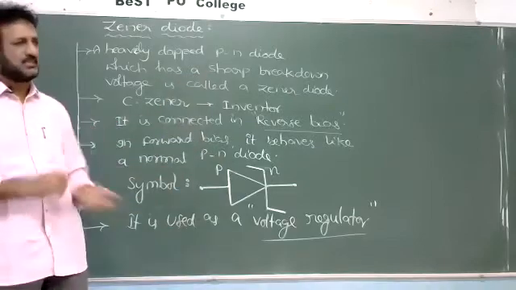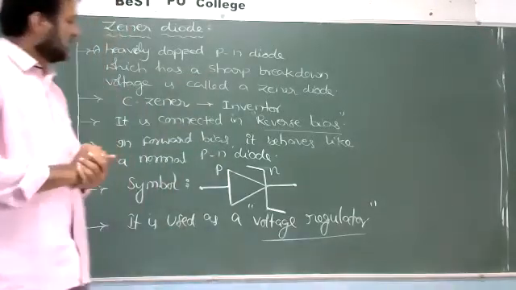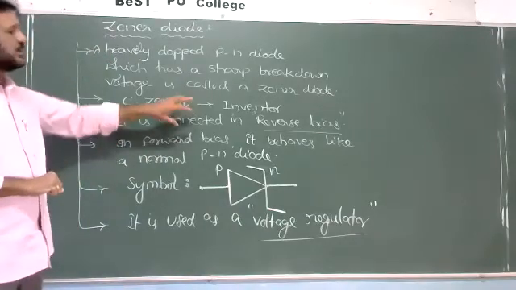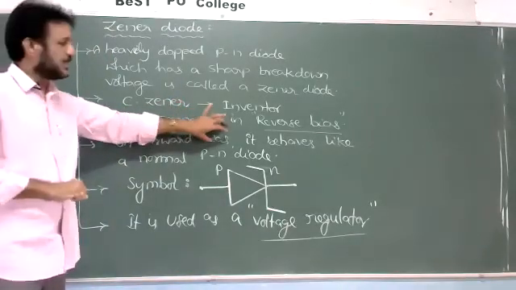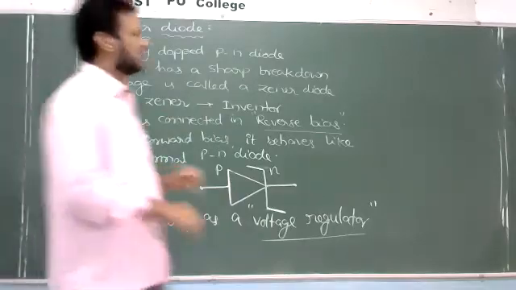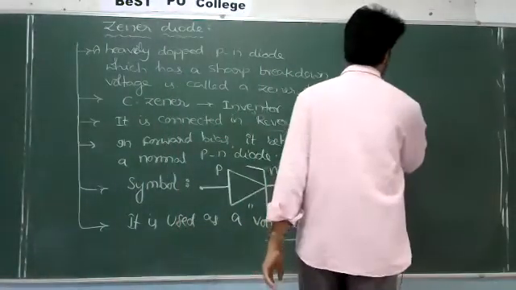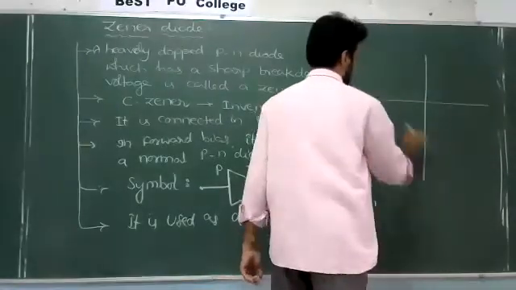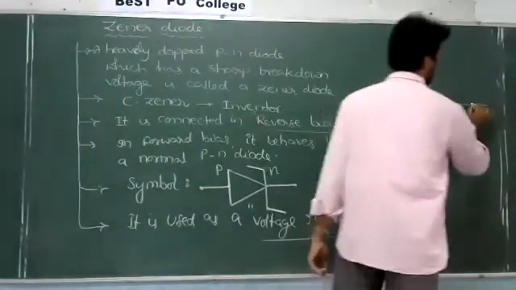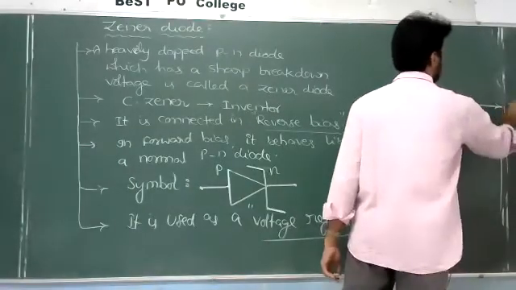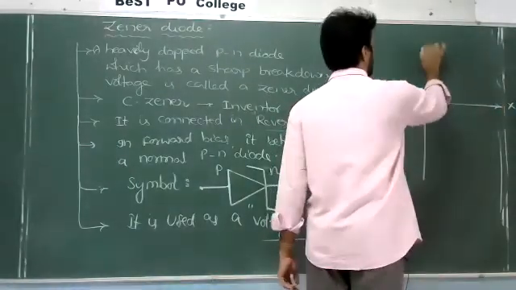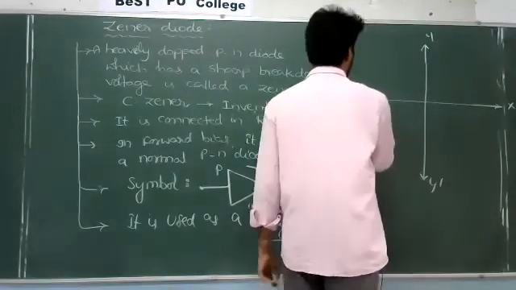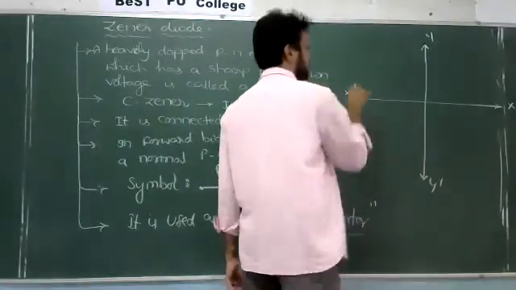That's about the Zener diode, general definitions and general points. Now, on what factor does the breakdown voltage depend? Here we said breakdown voltage means if you connect the diode like this. I'll draw a simple graph here: this is the x-axis, this is the y-axis, here the negative side y dash, and the left side is x dash.